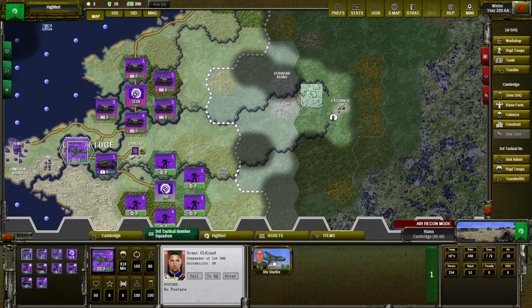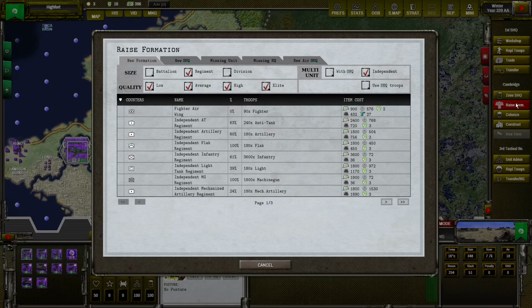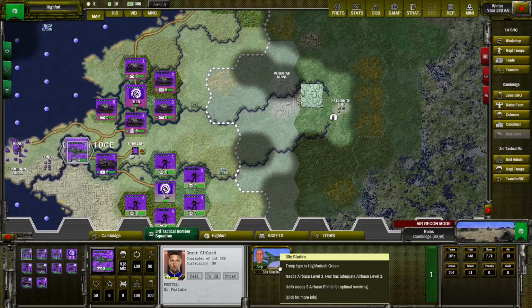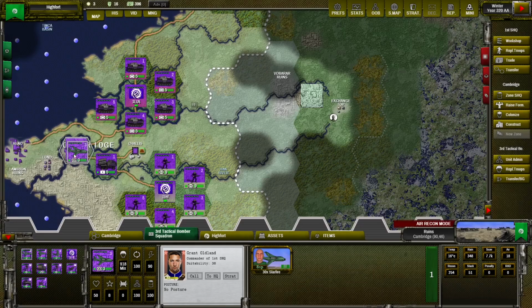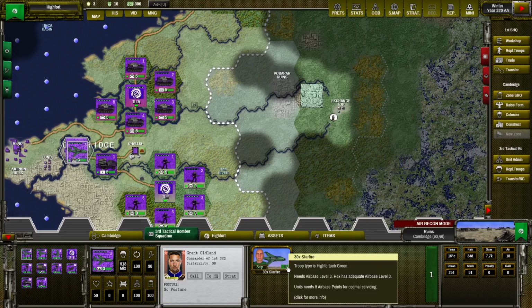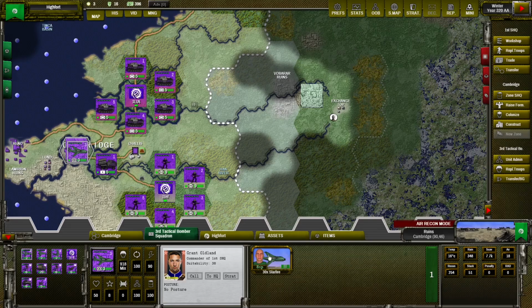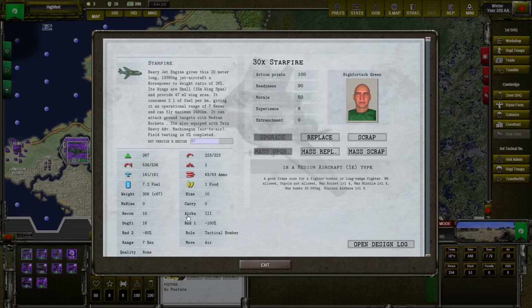Then this unit will not appear in the list of available formations here. So if you are wondering why you cannot find some units here, it's because the level on this hex of the airbase is too small compared to the minimum required level of this unit. And also if you click on the card, you can find here airbase minimum level 3.